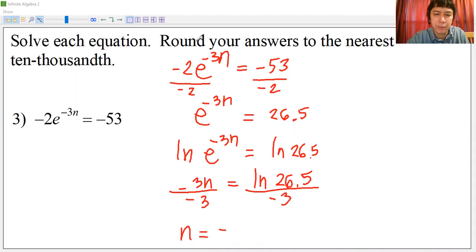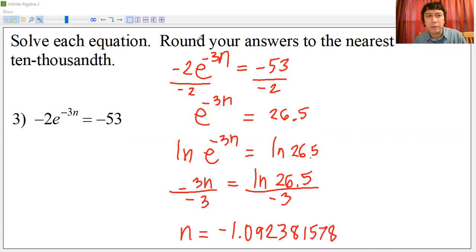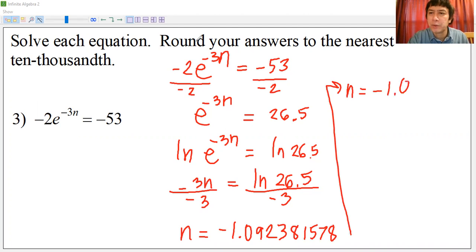We have negative 1.092381578. Rounding to the nearest 10,000th, n is equal to negative 1.0924.